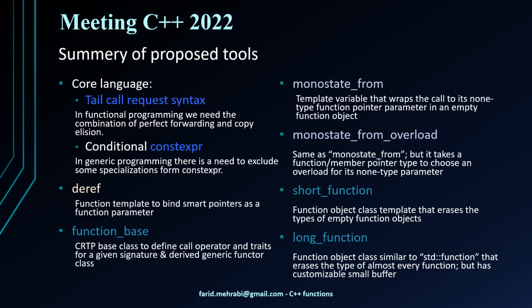We can have a short function class that erases the types of all monostate functions or trivial empty functions and can accept any trivial empty functions as its input. It can be a good replacement for traditional freestyle function pointers in C++ code.